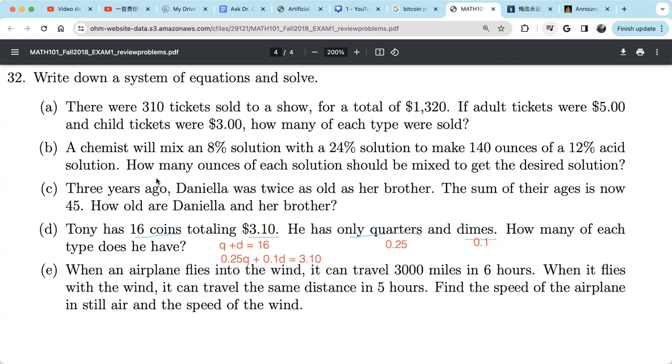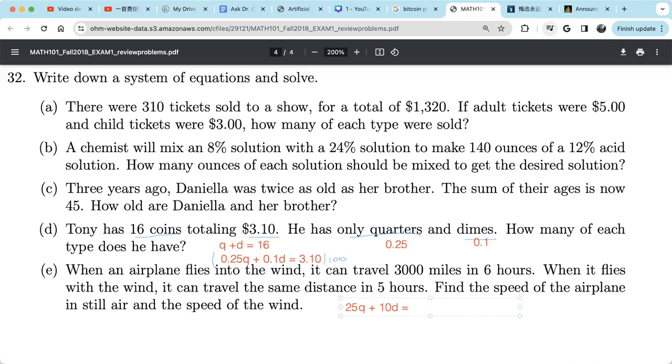Okay, again, just like question B, we want to get rid of these decimals. So how do we get rid of these decimals? We want to multiply by 100, right? So we enlarge every quantity 100 times bigger. By doing that, we get the new values. So we get 0.25 times 100, that's 25Q, plus 0.1D times 100, that's 10D.